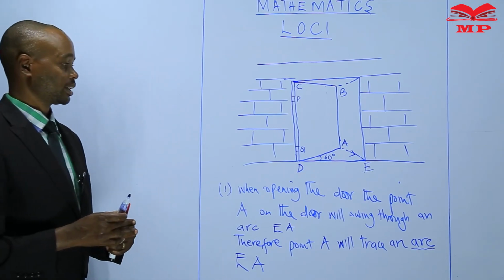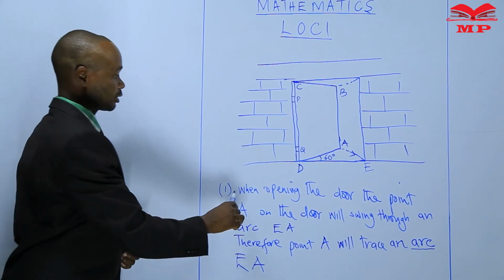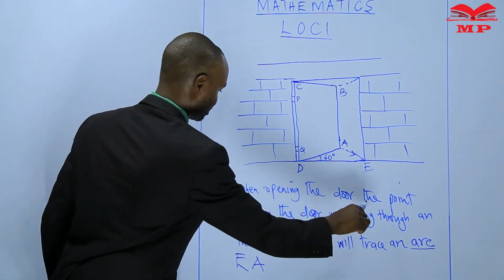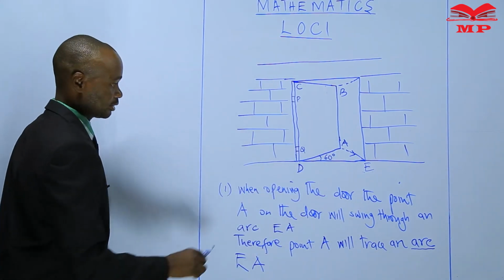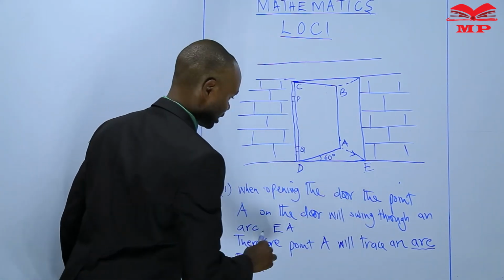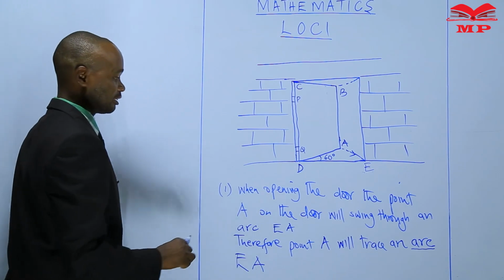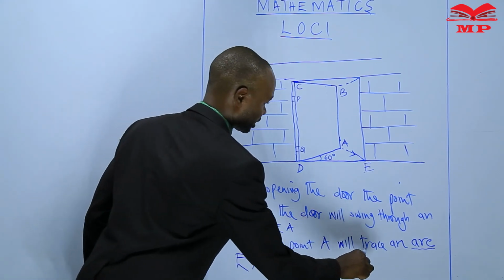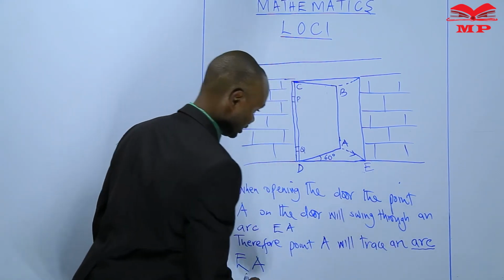Yes, so to explain that, we have 1. When opening the door, point A on the door will swing through an arc EA. Therefore, point A will trace an arc EA.